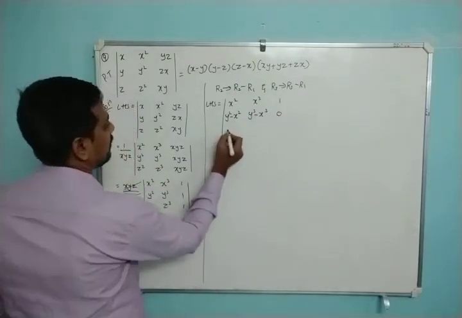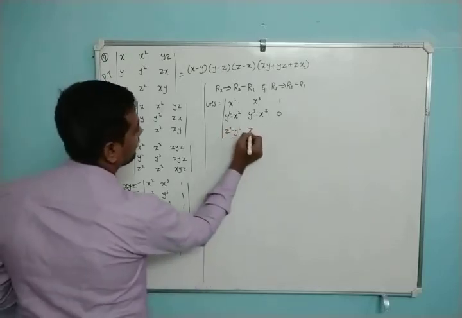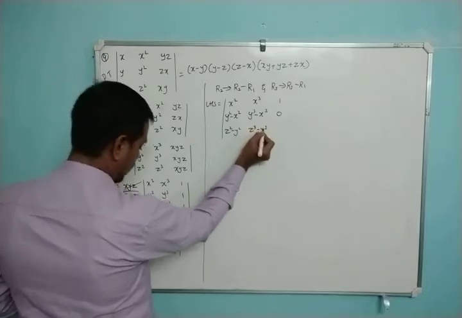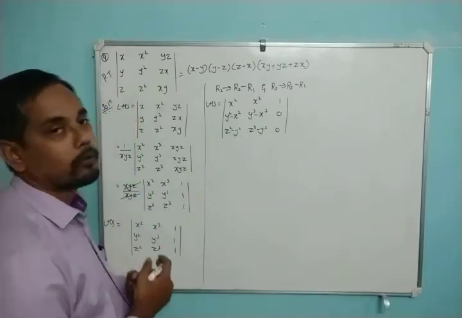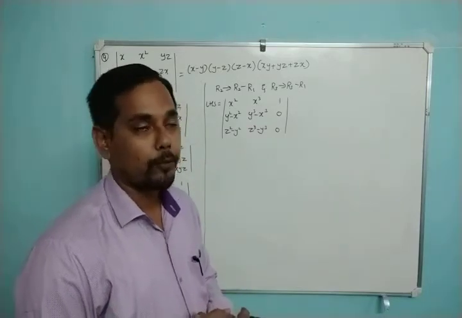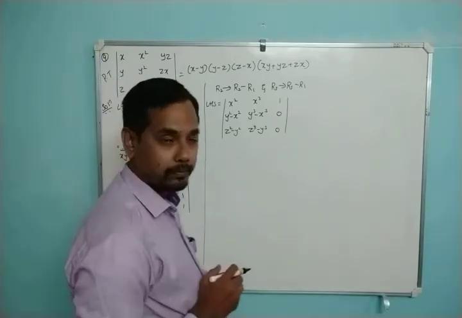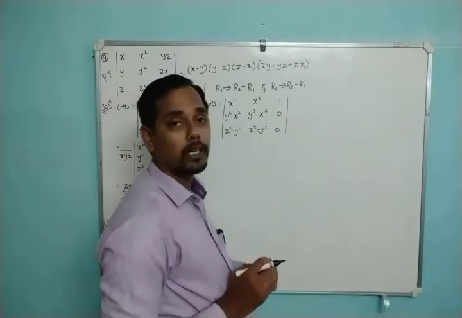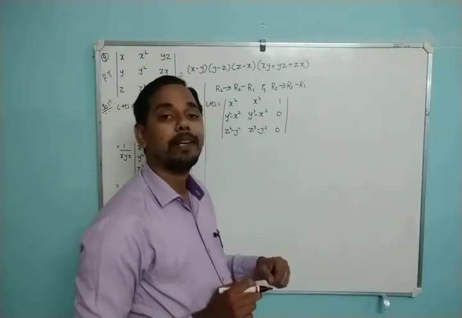Z square minus y square, z cube minus y cube, 1 minus 1, 0. So this is what we will get, right? So if we operate the row transformations. Okay. So now as we have two zeros in the third column, so let us expand the determinant through the third column.